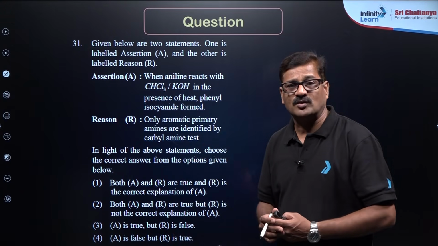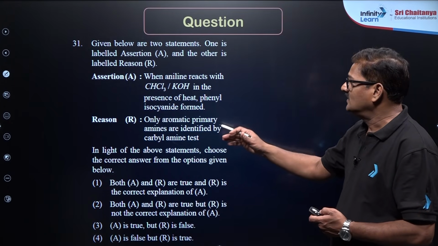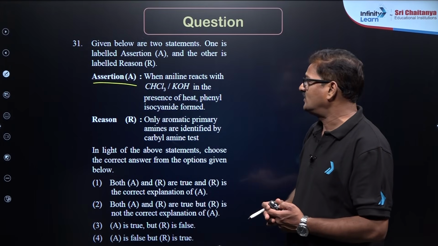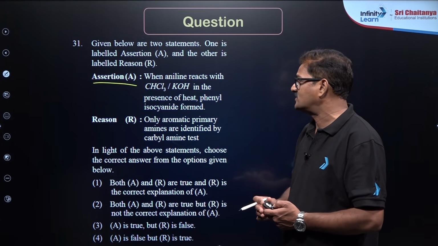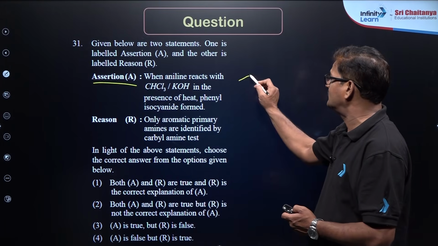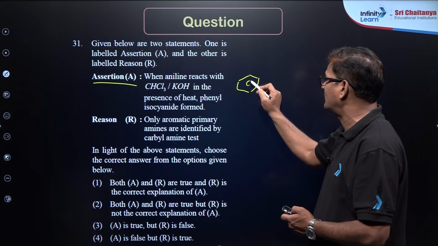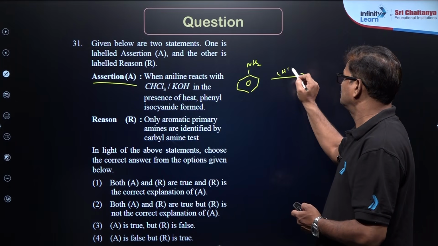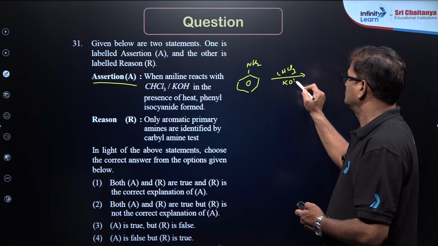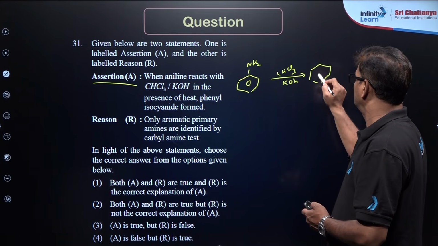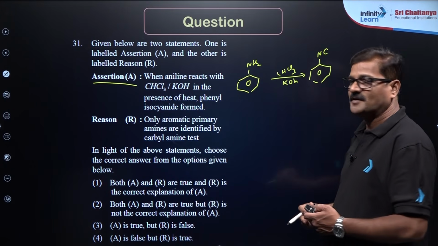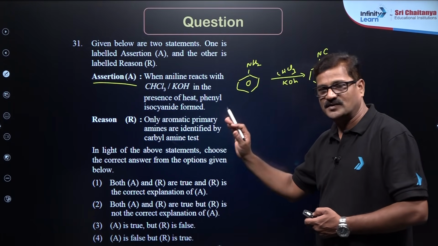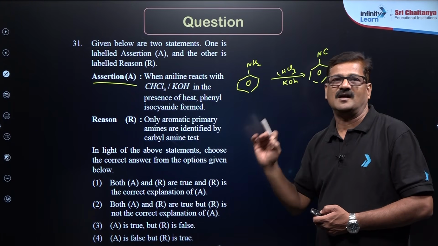Students, here is one more question based on amines. The assertion says, when aniline reacts with CHCl3 and KOH in the presence of heat, phenyl isocyanide is formed. So this is the carbylamine reaction. The formation of carbylamine gives a very bad and poisonous smell, and this is a test for all primary amines.